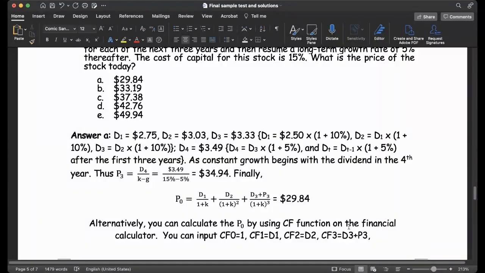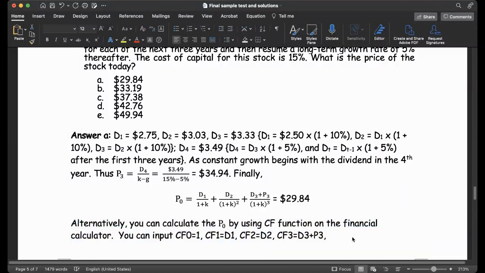And then you can press NPV, input I equals 15, which is the cost of capital, 15%.